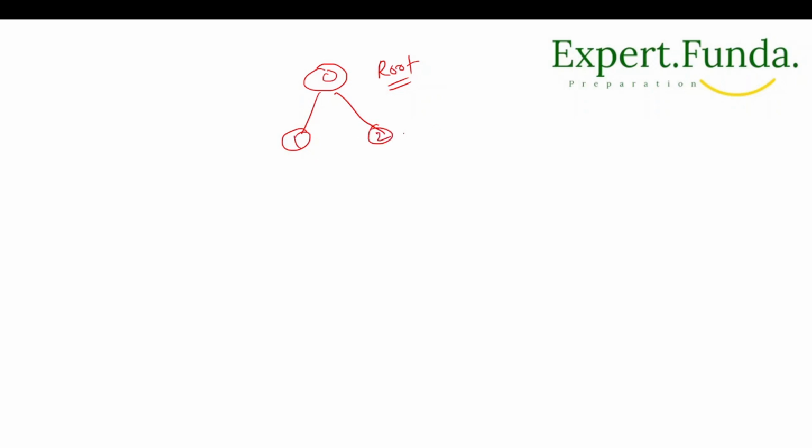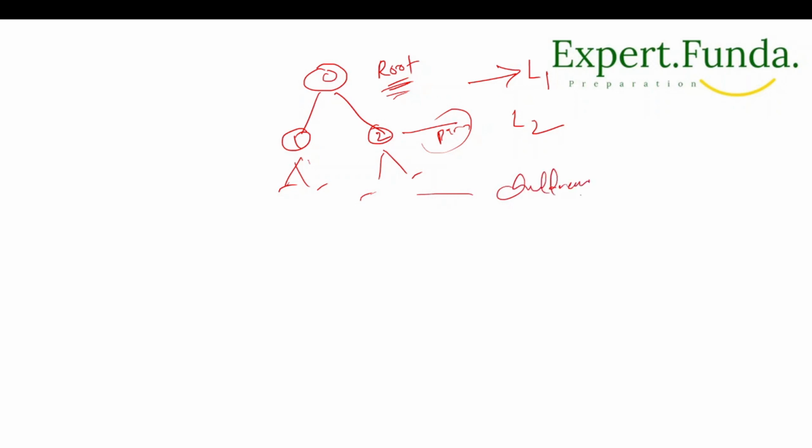So this is the parent node for the further children, right? If you talk about level 1, if you're doing BFS, this is level 1, this is level 2, right? So this will be a parent of these children, okay? And for this node, this is the root node, and these are called our child nodes, or leaf nodes, you can also say.